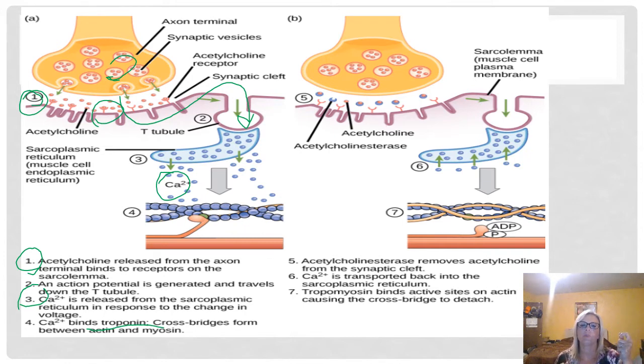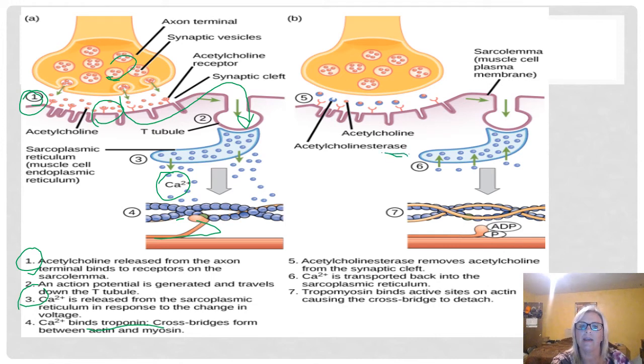That handhold is exposed, so myosin then can grab and release, and you're seeing that here. And this, it kind of says cross bridges form between actin and myosin. What that means is it's doing this grabbing and pulling and grabbing and pulling and grabbing and pulling. And remember, as long as that calcium is there, it is going to continue, and as long as it has enough ATP.